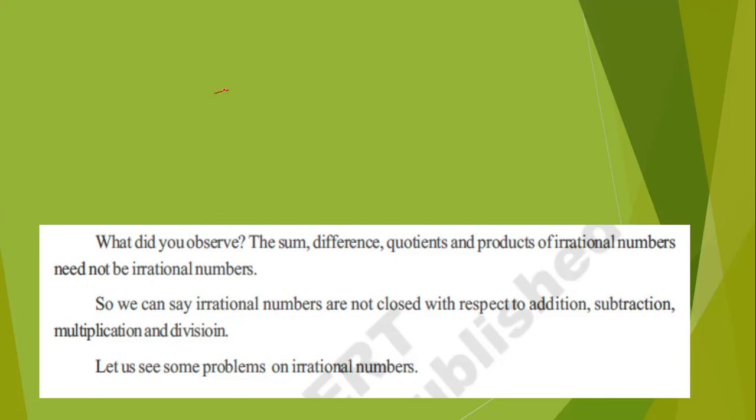Sum means addition, difference means subtraction, and quotient means division. The product means multiplication. In these 4 operations, irrational numbers need not give rational numbers.